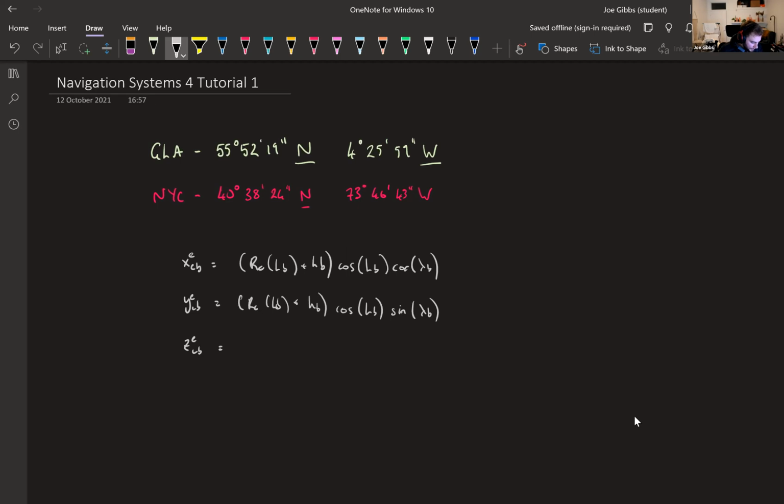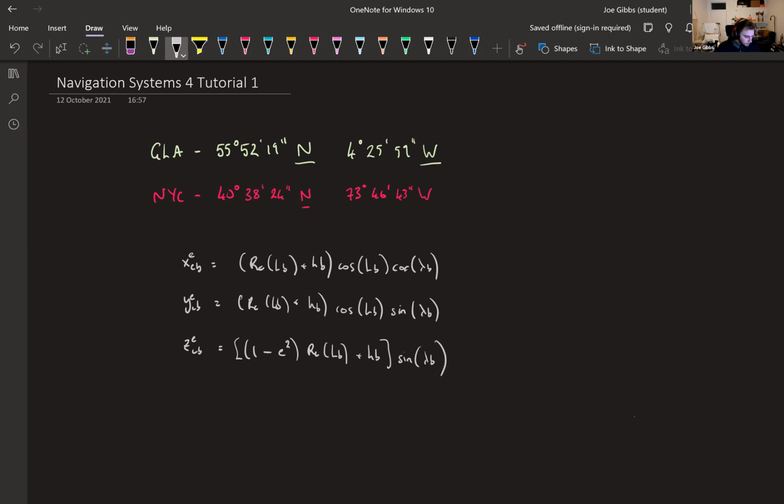And then our Z coordinate as well. So E is the eccentricity of Earth, so we're going to use that a bit later. Basically it's a factor that makes sure that we don't assume a spherical Earth. Sine.